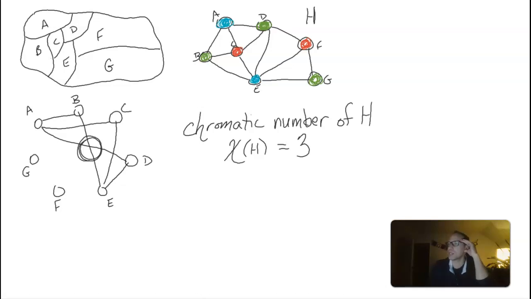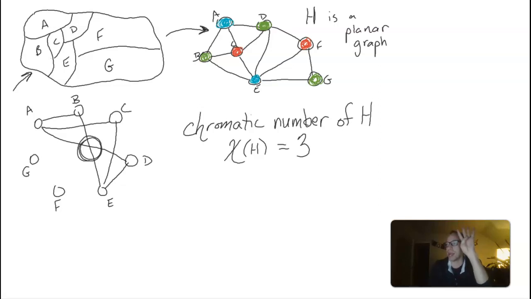Now, one of the interesting things about planar graphs is here H is a planar graph. What the four-color map theorem tells us is you take any map, drawn like this, where you just have the regions in any shape or whatever, and you convert it to a planar graph, you'll be able to color that planar graph with no more than four colors.